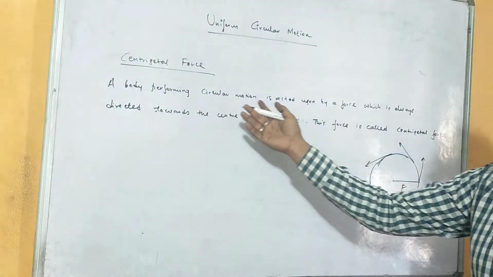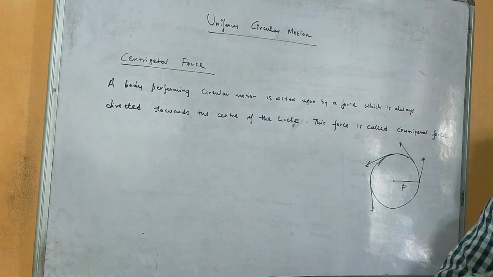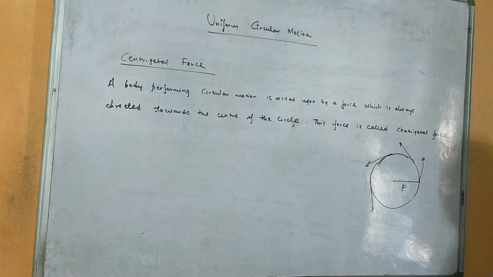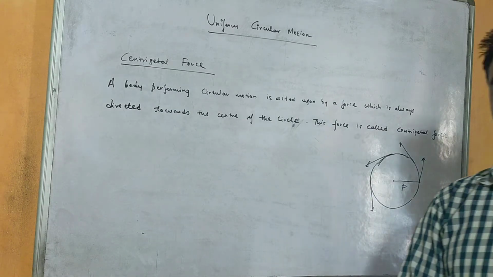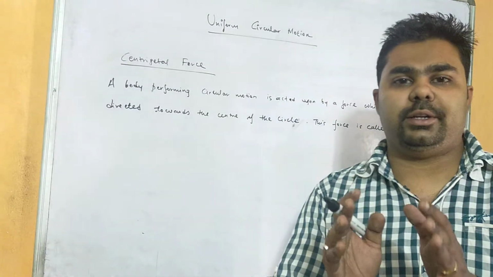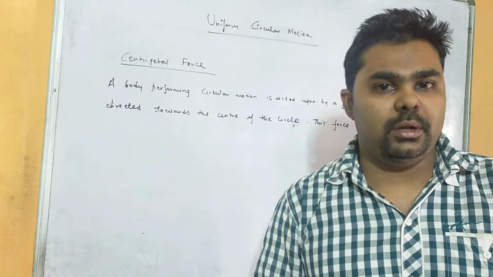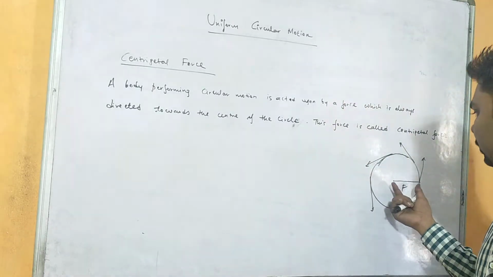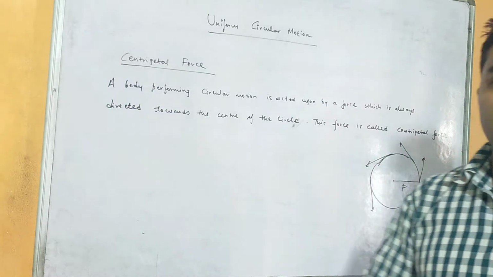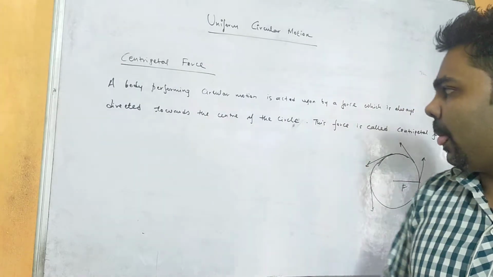So a body performing a circular motion is acted upon by a force which is always directed towards the center of the circle. This force is called centripetal force. Or you can say, when an object is in a circular path, the force acting towards the center is known as centripetal force. This centripetal force is balancing the object to be in its circular motion.